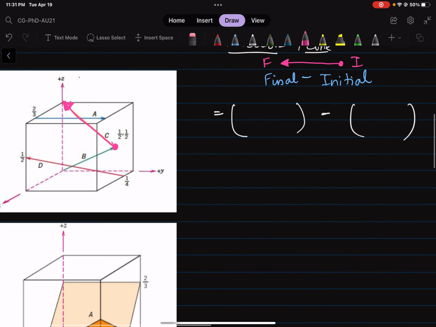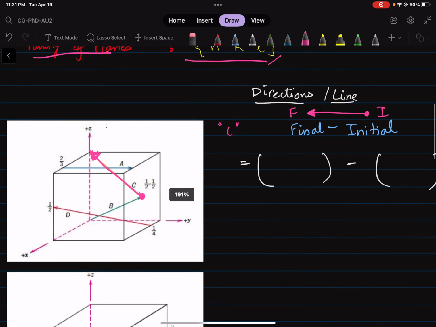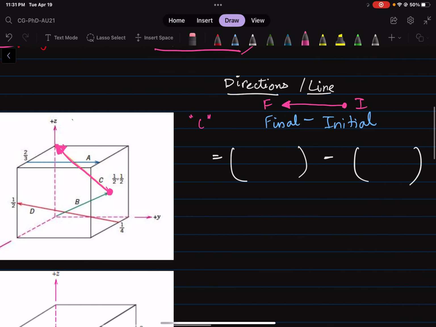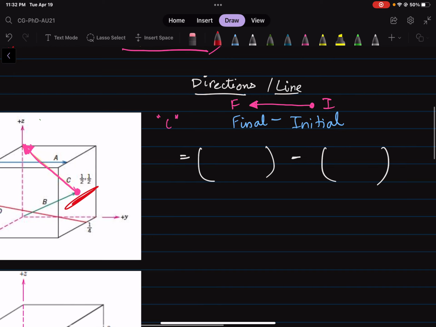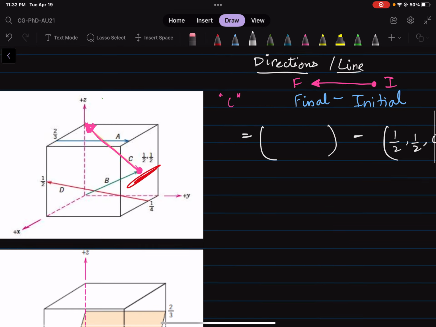Okay. So this is the direction C in the picture. If you look, the first point, or the starting point, which is marked here, is nothing but half comma 0. It's sort of on the face center of this plane. On this plane.